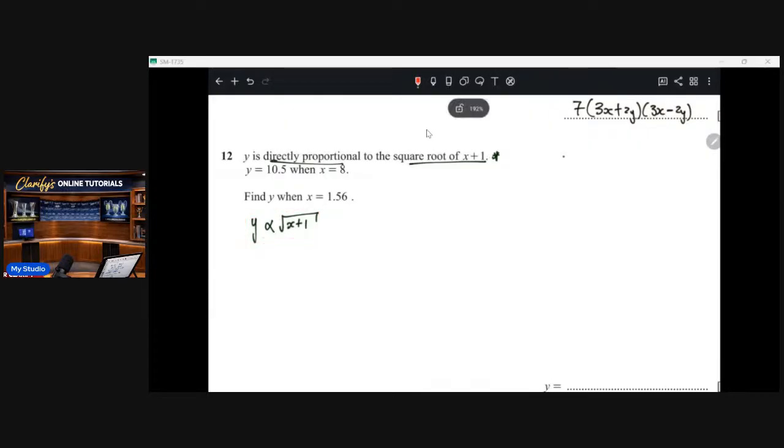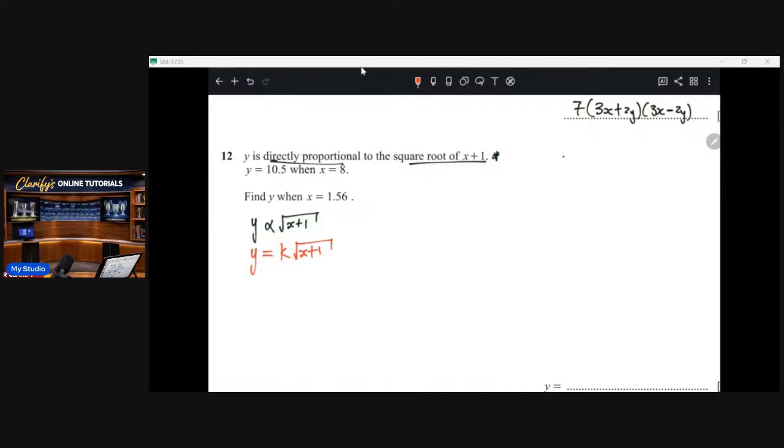Once you do this, you have to remove the fish and put an equal sign. But when you put an equal sign, remember the rule. When you remove a fish and put an equal sign, which you must always do, you will bring a k to the right hand side. You bring a constant. So y becomes equal to k times the square root of x plus 1. That's how you do it.